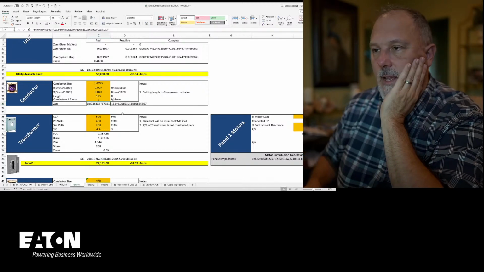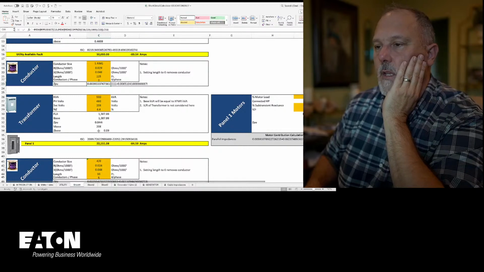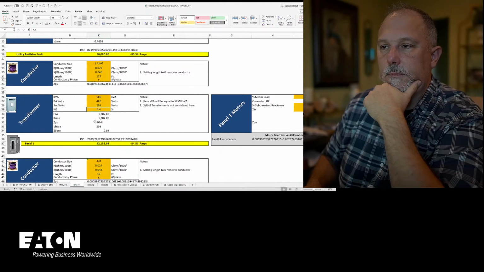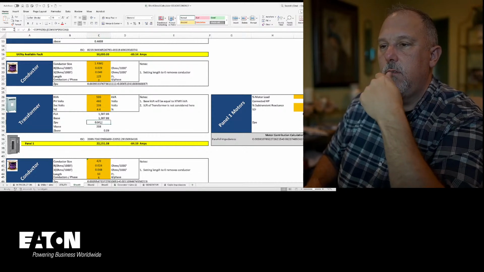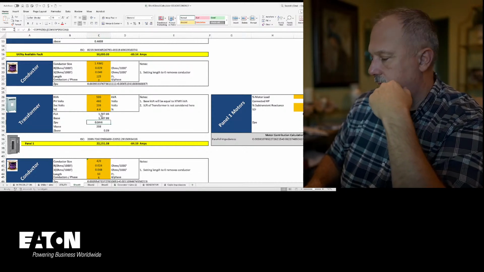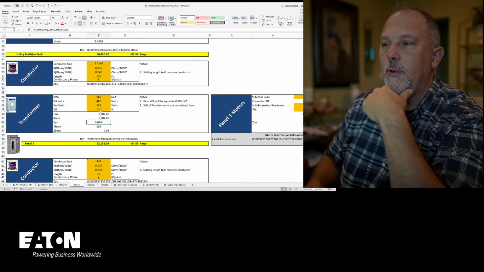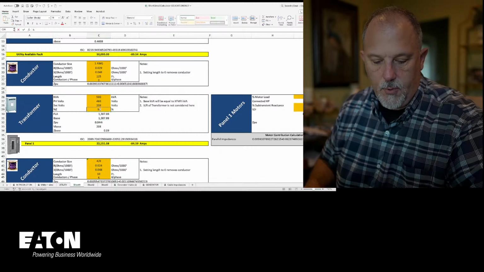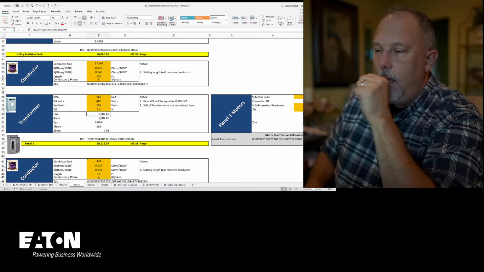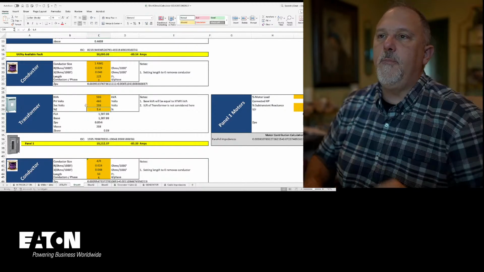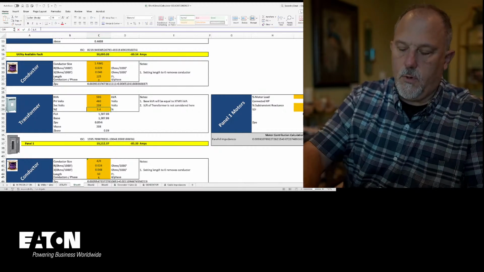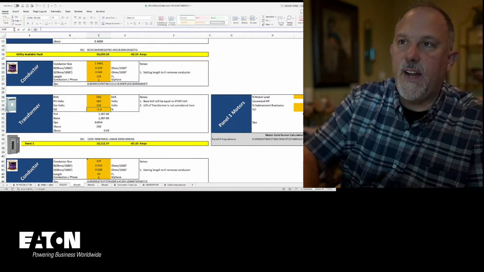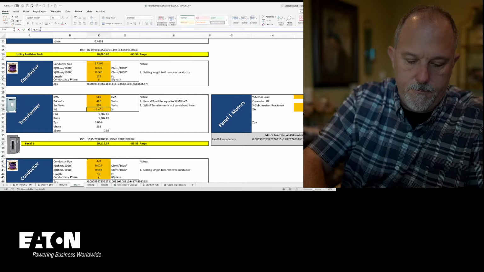I'm accurate there. My T1, my Z per unit, what's my X? Oh, 5.4%. I'm going to take 5.4 times 1.1.